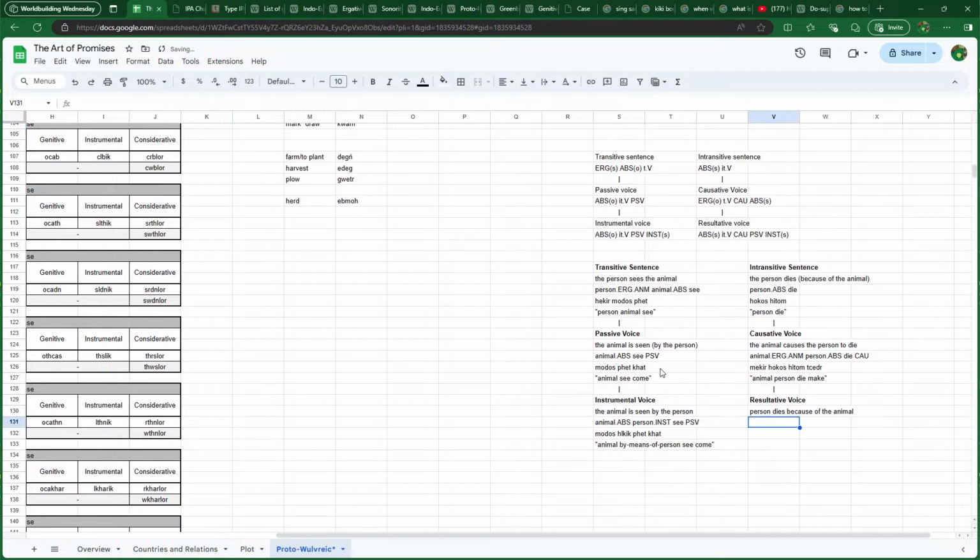Because well, the person is now the subject again. So it's person absolutive die. No, it's person absolutive because now we've got the animal instrument.